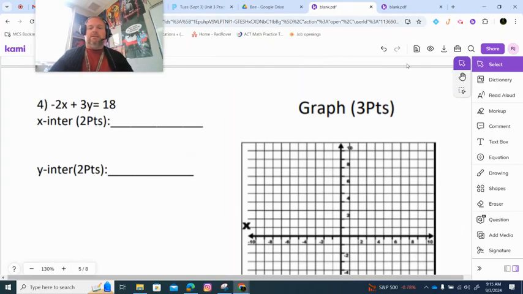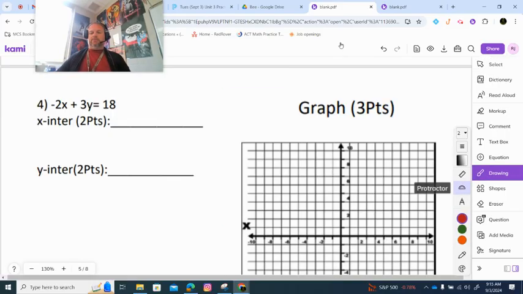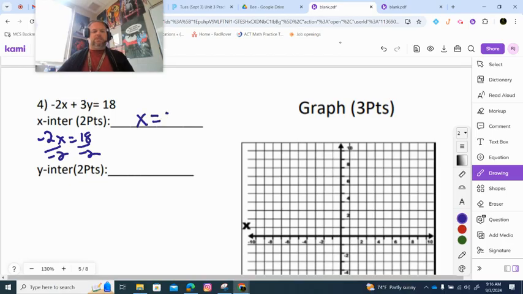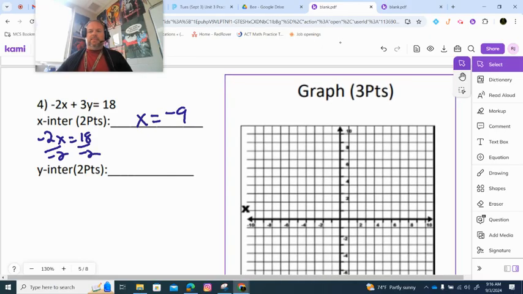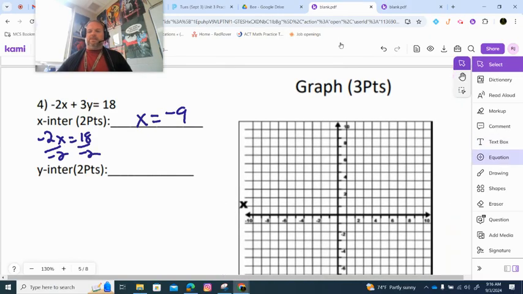All right, and what's funnier than number 3 is number 4. Negative 2x equals 18. All right, so x equals negative 9. Oh, biscuits.